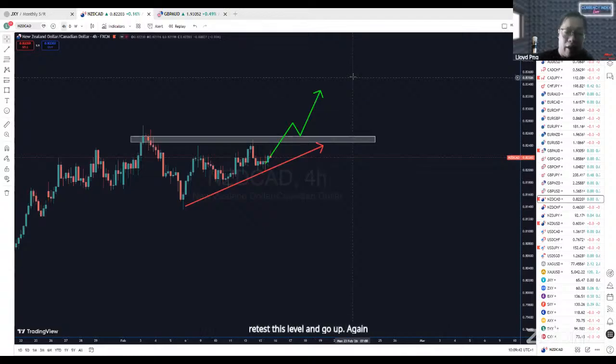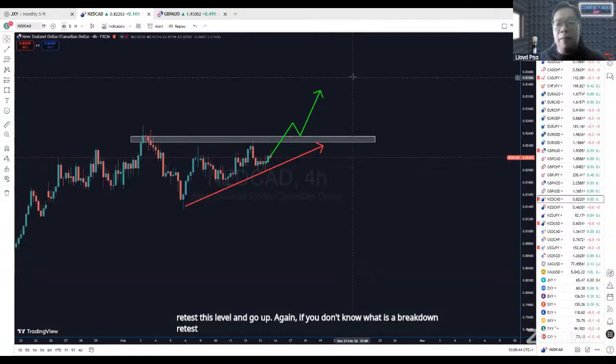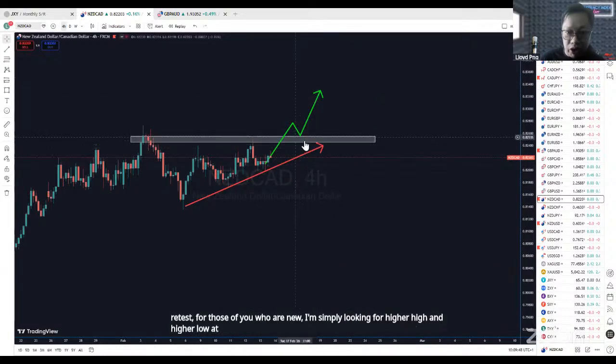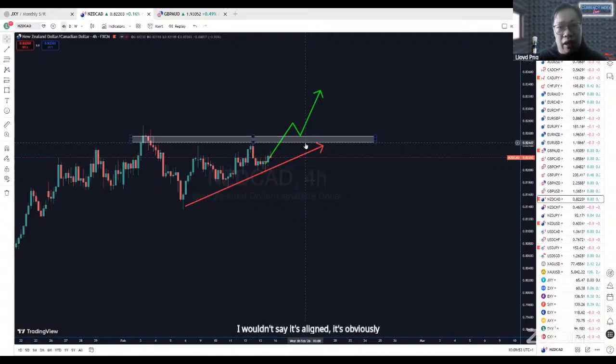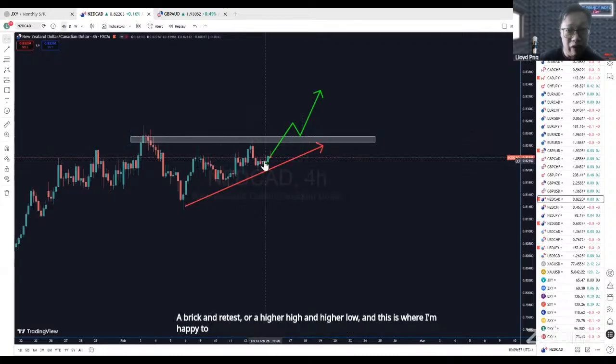Again, if you don't know what a break and retest is, for those of you who are new, I'm simply looking for a higher high and higher low at around this region. I wouldn't say it's a line, it's always a region. This is where I'm happy to go in. If price just dawdles here next week, I'll wait for a clean break before I go in.